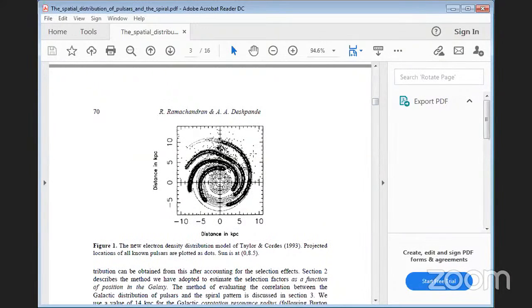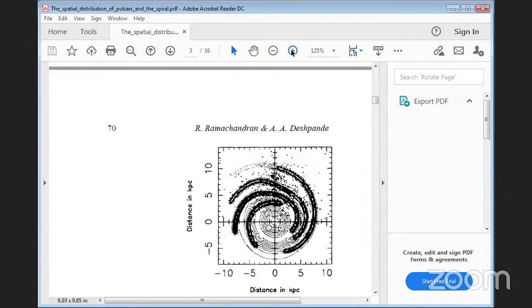There were not many pulsars available for this study, but you can see these dots in this diagram. Let me enlarge this. All right, so you can see the dots, and you can see the contours related to the spiral structure that is inferred from the electron density distribution for the galaxy.